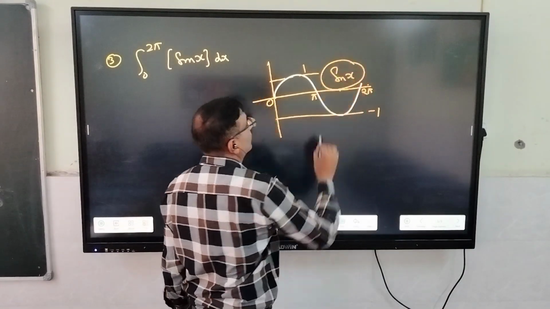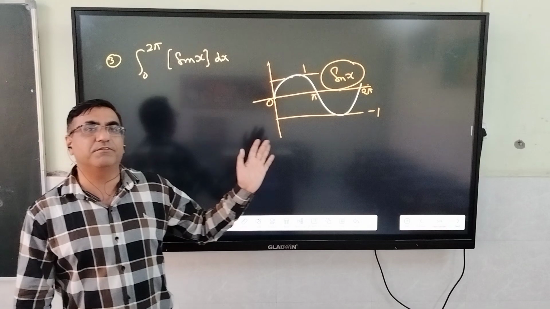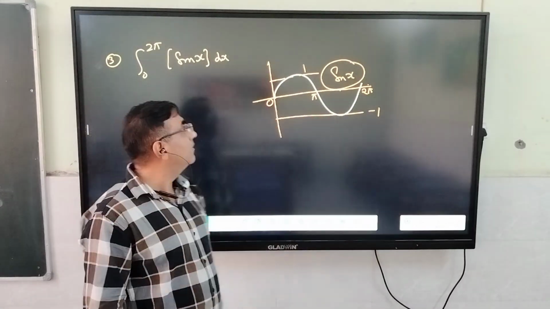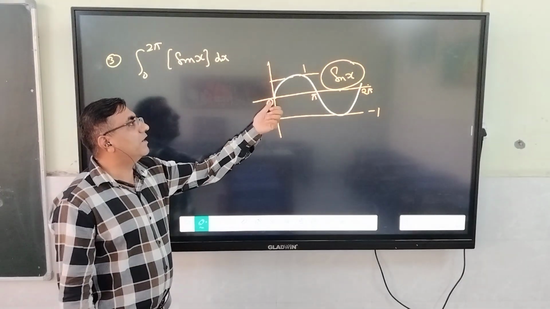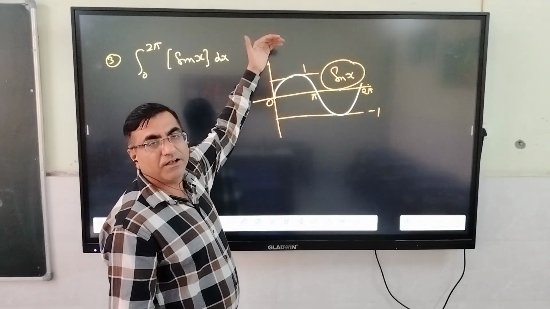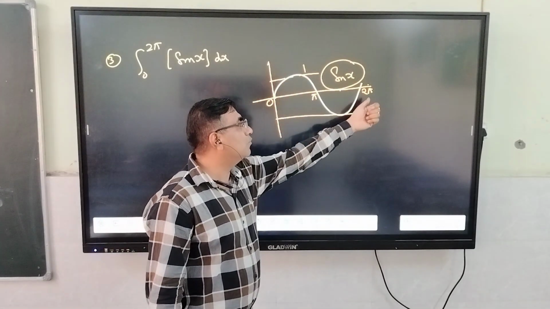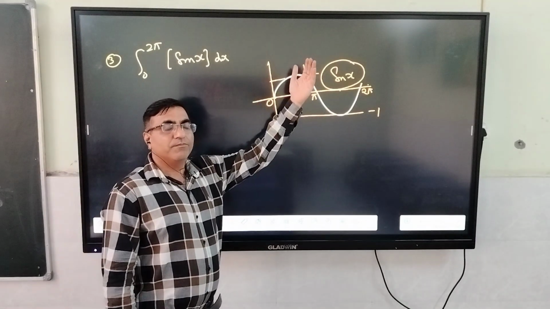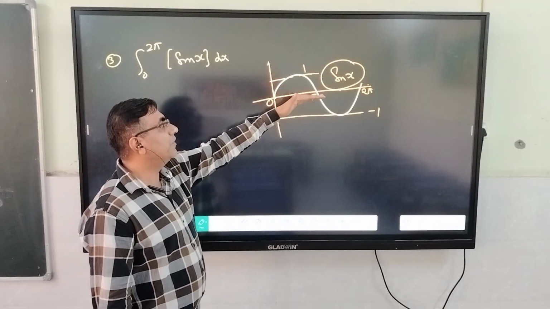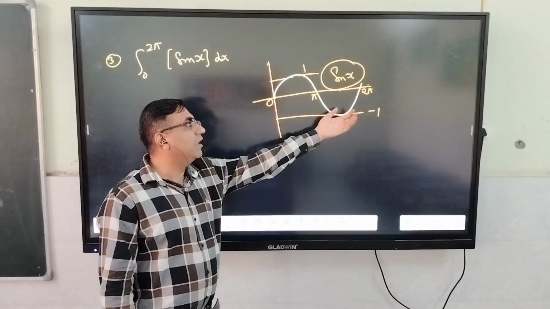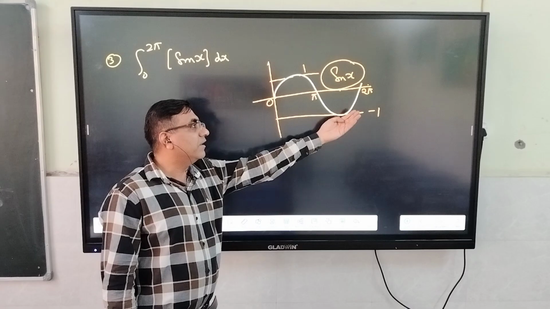Many students will be familiar with this, and I think everyone is familiar with this. So we will break the graph into 0 to pi and pi to 2 pi. From 0 to pi it is upward, above the horizontal x-axis, and from pi to 2 pi it is below the horizontal line.